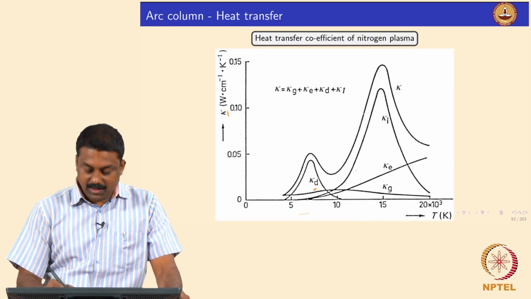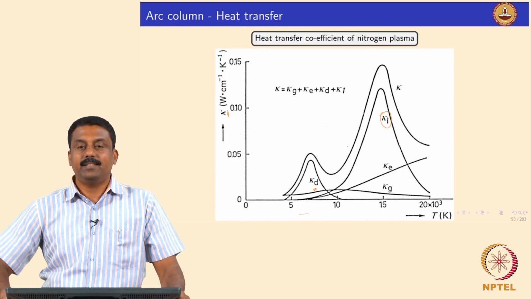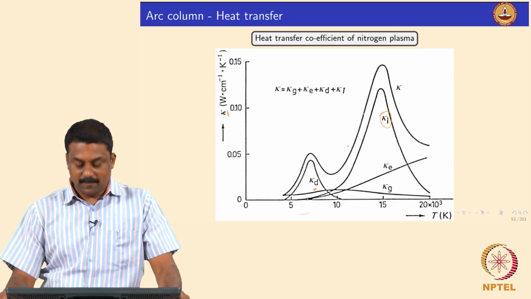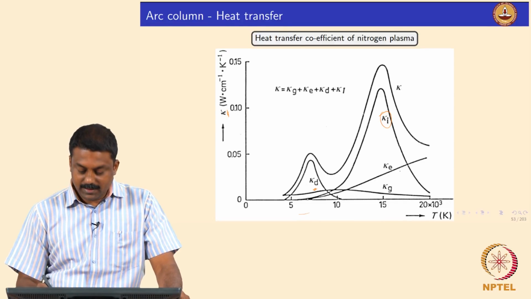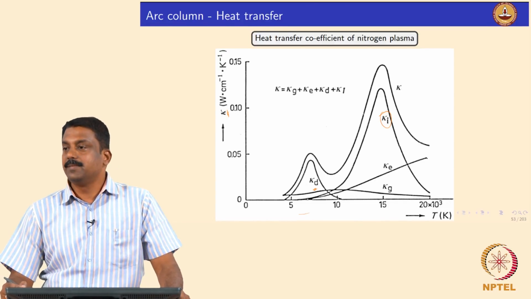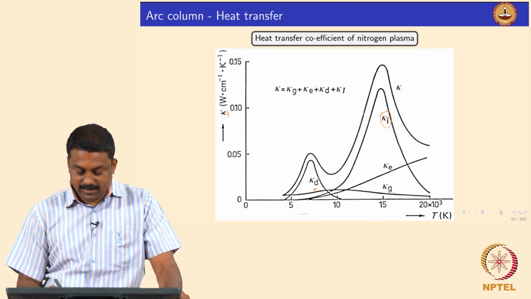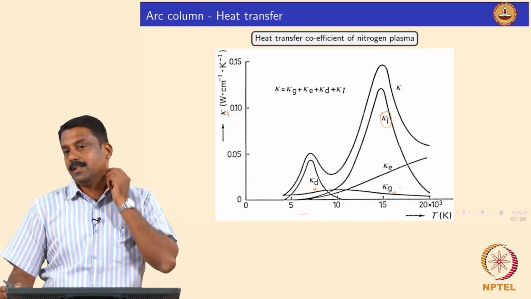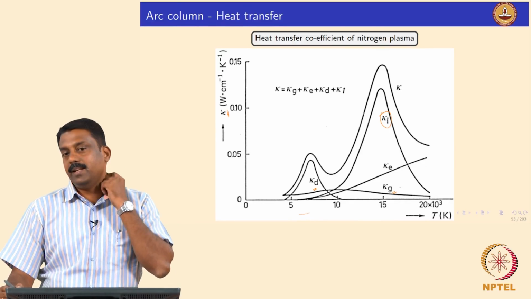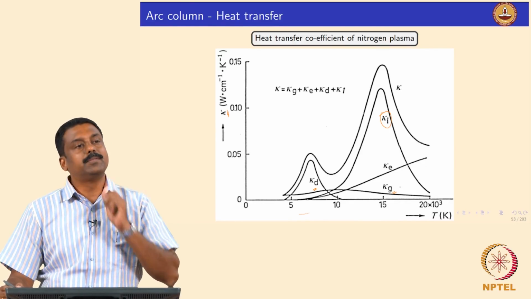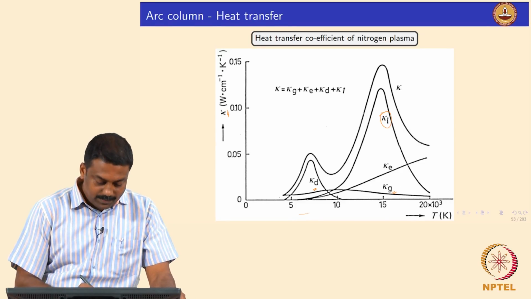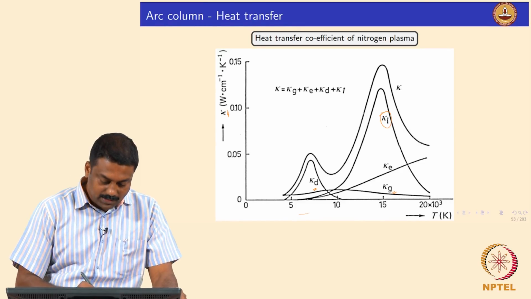At higher temperature you have ionization. Okay. Ke is the collision of electrons with heavy particles, and then Kg is the classical heat transfer, okay, by the collision of atoms and molecules. If you sum it up, this is how the distribution looks like.